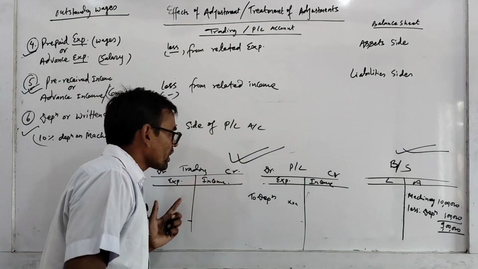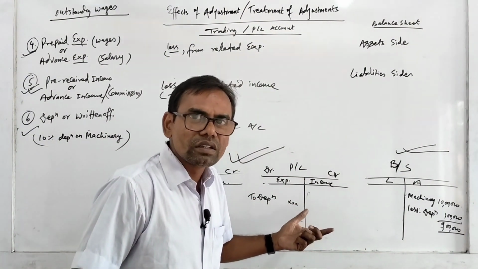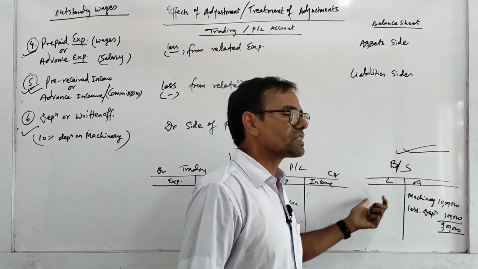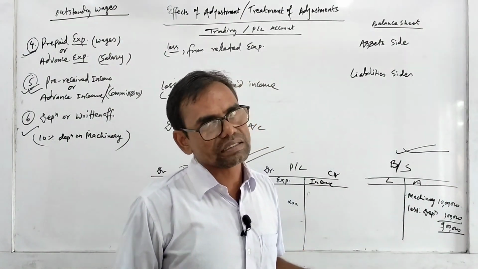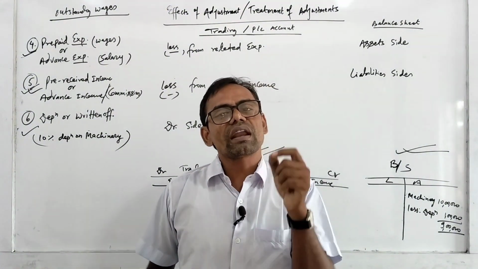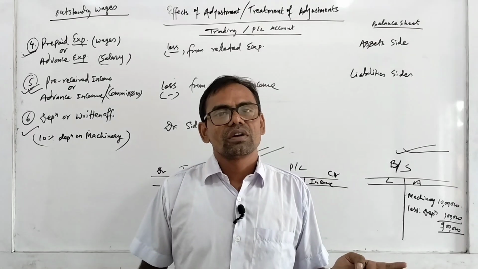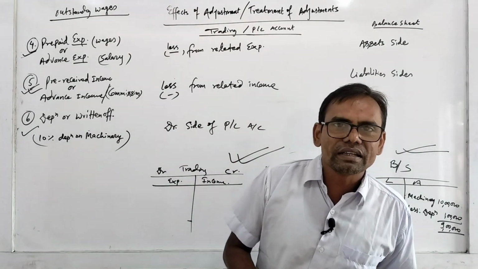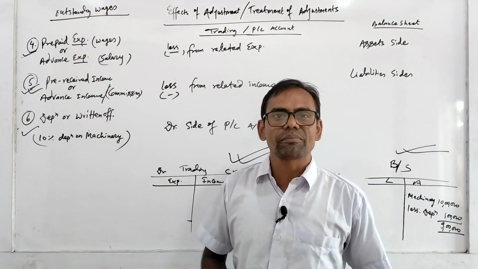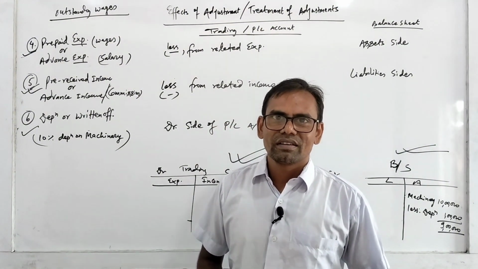If wages in trading account, salary in PL account, commission in PL account, in this way. And in balance sheet, if it is liability, in liability side, and if it is assets, in asset side. It will be more clear when I solve a question. And you also, by taking these ideas, by taking this knowledge, you solve the problem, you see the example of your books. I hope that you will understand.